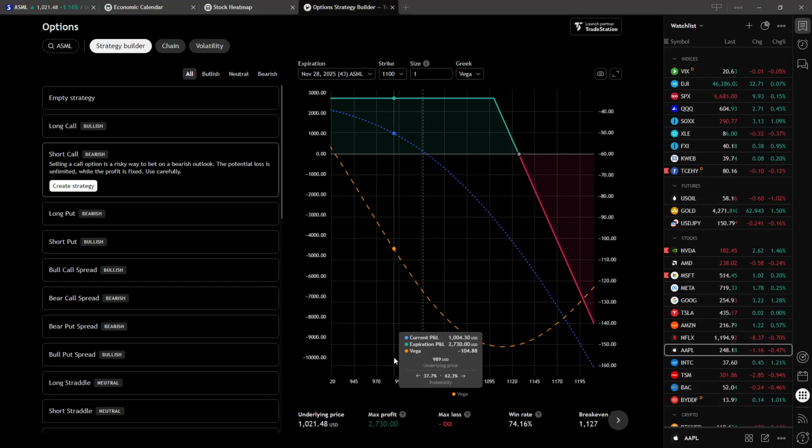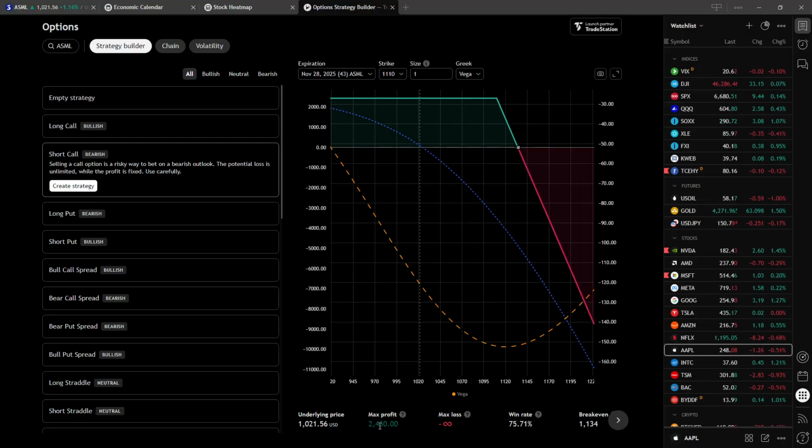My recommendation is at least a 70% win rate. 75, great. If I move it even further, my win rate will continue to increase, but my profit will drop off. I would give up $500 of profit to squeeze just a few more percentage points out. This is why I will pick 1090.